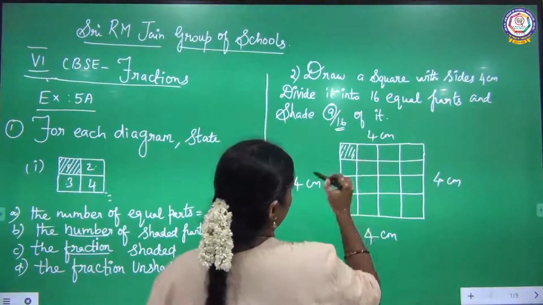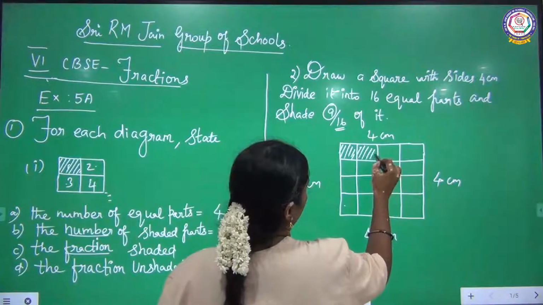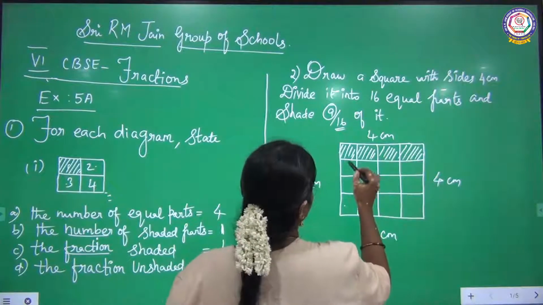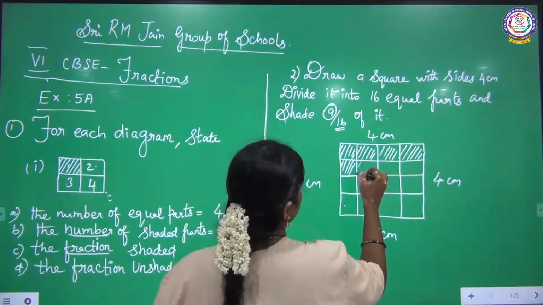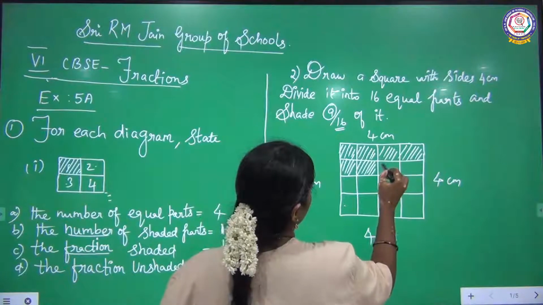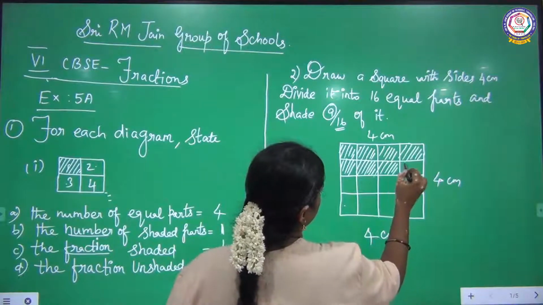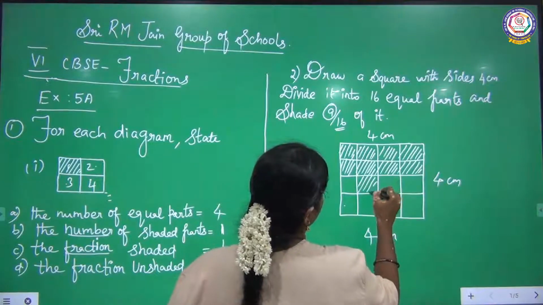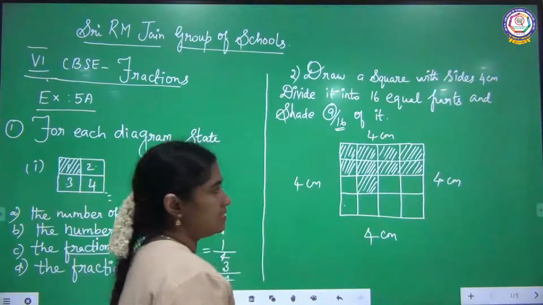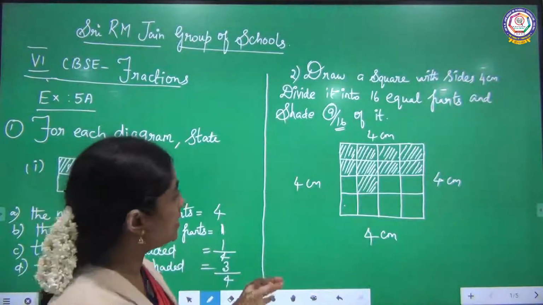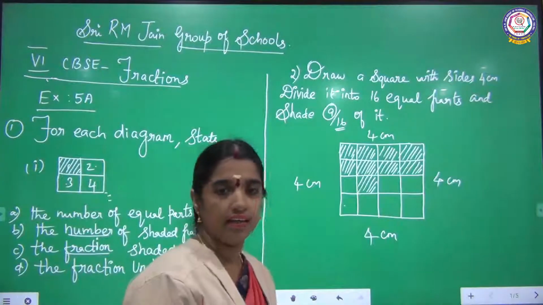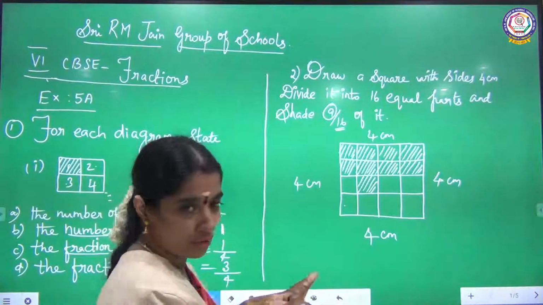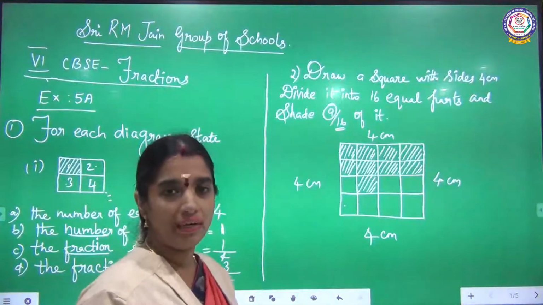So I am choosing here. First one I shaded, second one and third, 4, 5, 6, 7, 8, 9. See, out of these 16, you can shade any 9. Can you clear this children? The first one, I am going to draw a square of 4 centimeter.